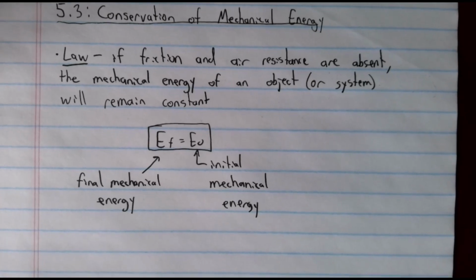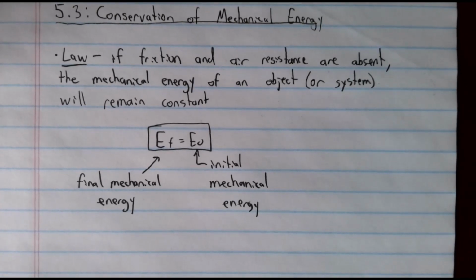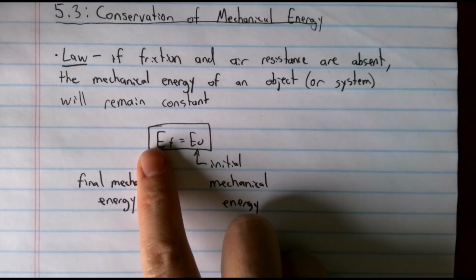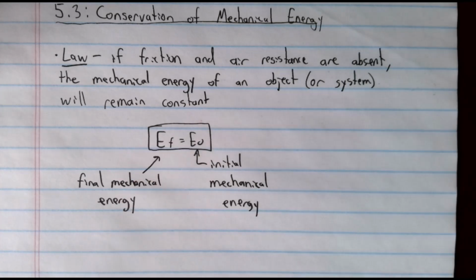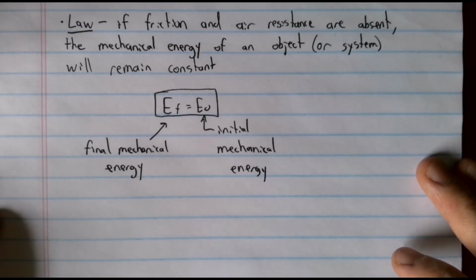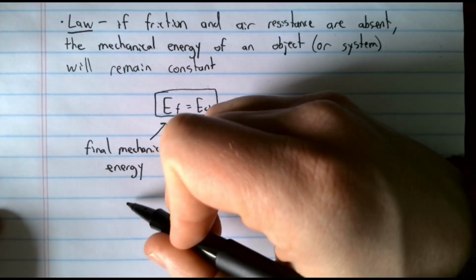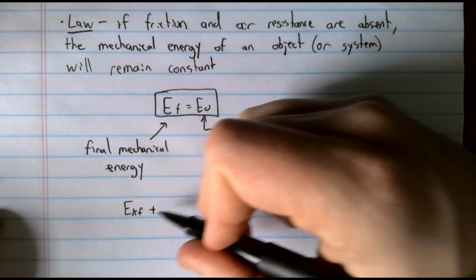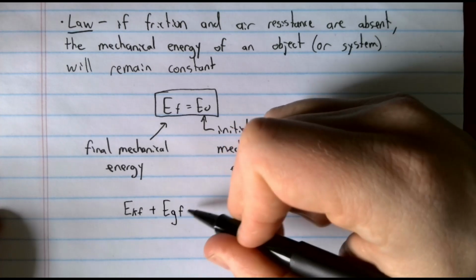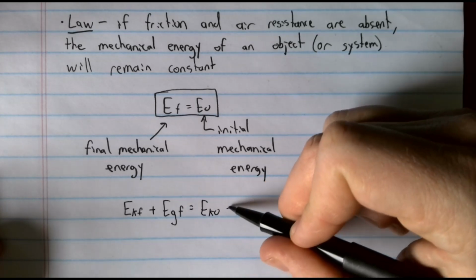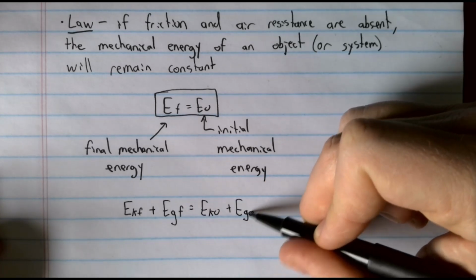complicated problems with ease. If you recall from the last lesson, E stands for mechanical energy, and mechanical energy is made up of potential energy and kinetic energy. So we'll expand this equation out to include those things. Writing it like this, E sub Kf plus E sub Gf equals E sub Ko plus E sub Go.